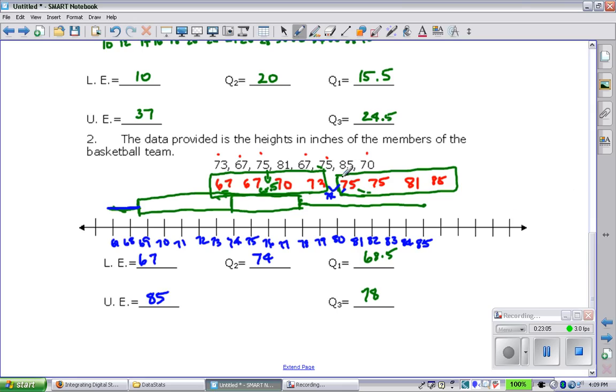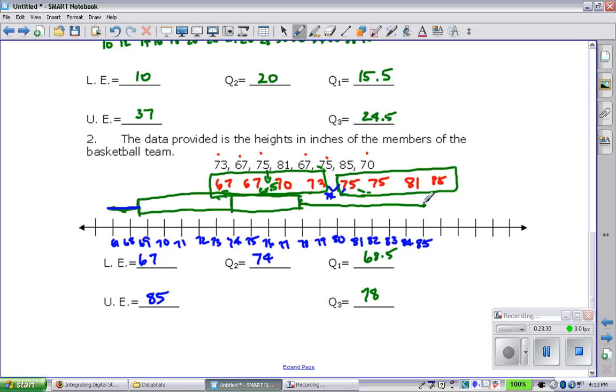Now in this one, it looks like your data is fairly spread out. These two are the bigger ones, and then you have a small gap down here, which kind of leads you to believe that you have more data that's smaller. But overall, I don't know that I would say that there's an outlier.